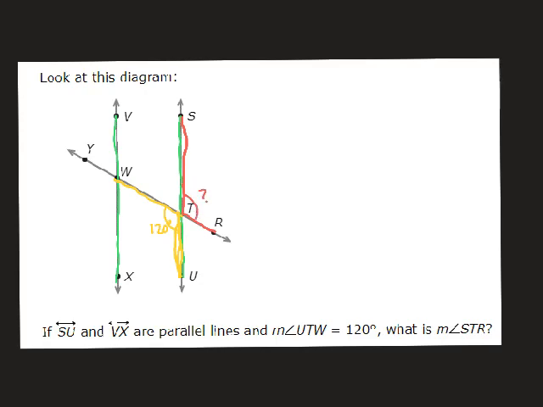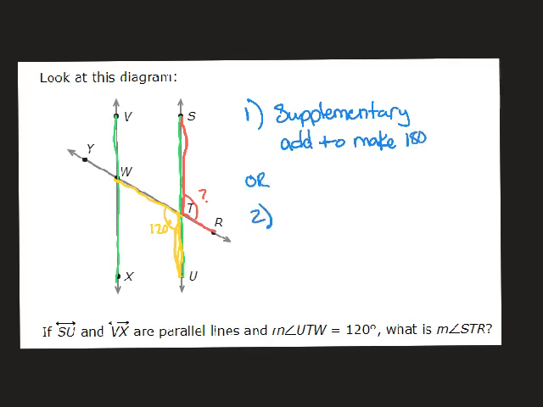Well, we have two choices. It's either supplementary and therefore needs to add up. You have to add it to make 180 degrees. That's choice 1. Or your other option is that it's congruent and will have the exact same measurement.